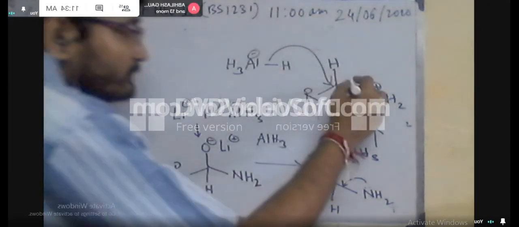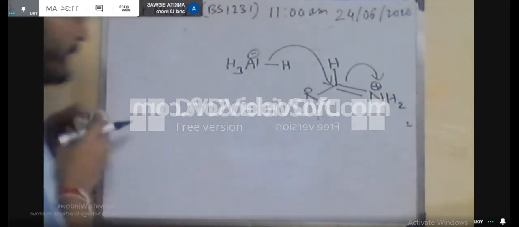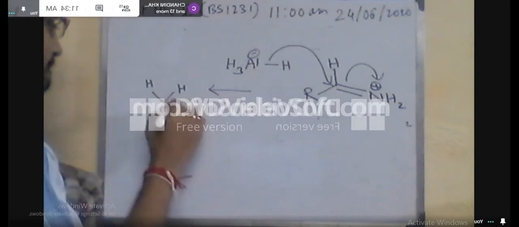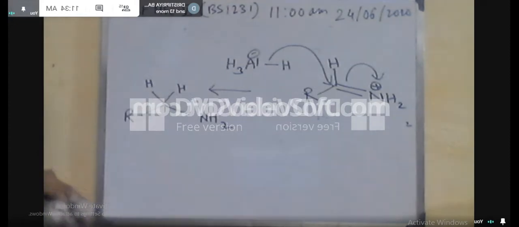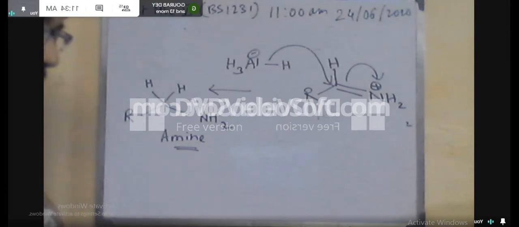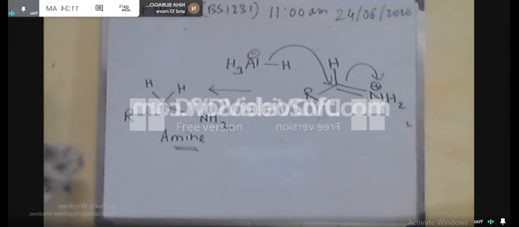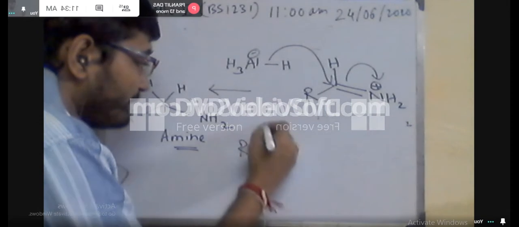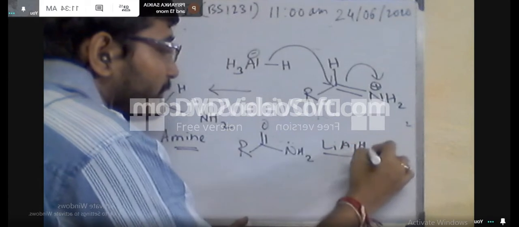Okay. Now I will discuss one of the important reducing agents, that is DIBAL-H or diisobutyl aluminium hydride. Now what is the utility of this reducing agent? Basically this DIBAL-H can act as a selective or controlled reducing agent.